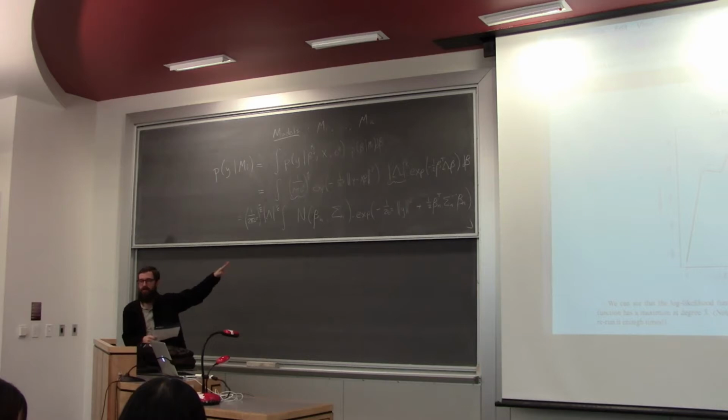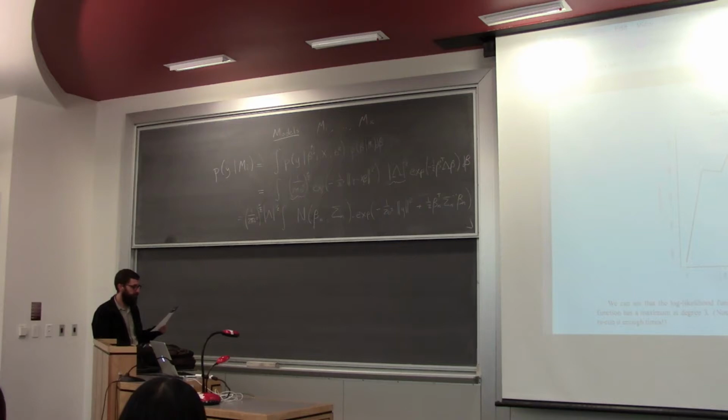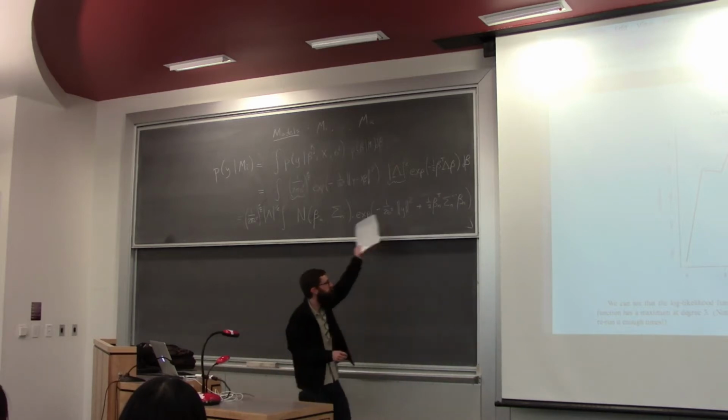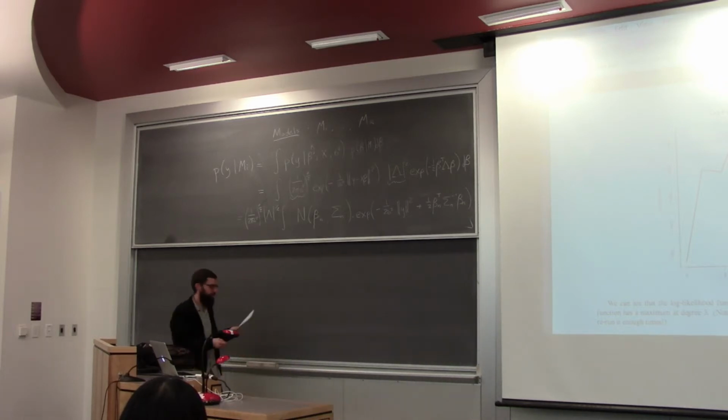There should be a d beta, integrating over beta still, obviously. I'll just leave that off. Long story short, this thing doesn't depend on beta, so I also can pull that out of the integral. That stays around.